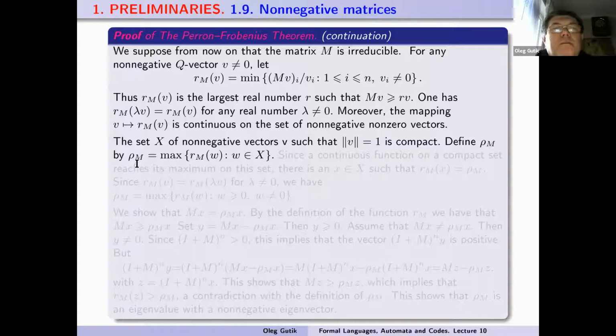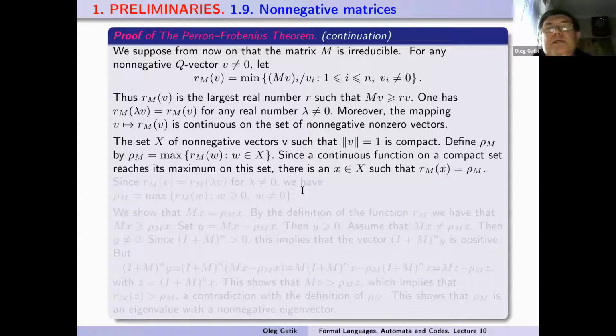Define rho M as the maximum of rho M of W, where W belongs to the set X. Since a continuous function on a compact set reaches its maximum on this set, there exists an element x from X such that rho M of x is equal to rho M. Since rho M of V is equal to rho M of lambda V for lambda distinct from 0, we have that rho M is equal to the maximum of rho M of W, where W is non-negative and distinct from 0.